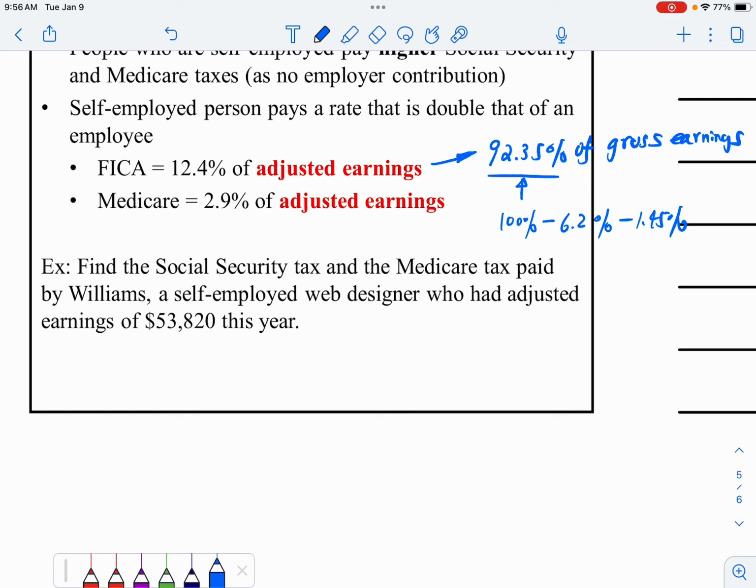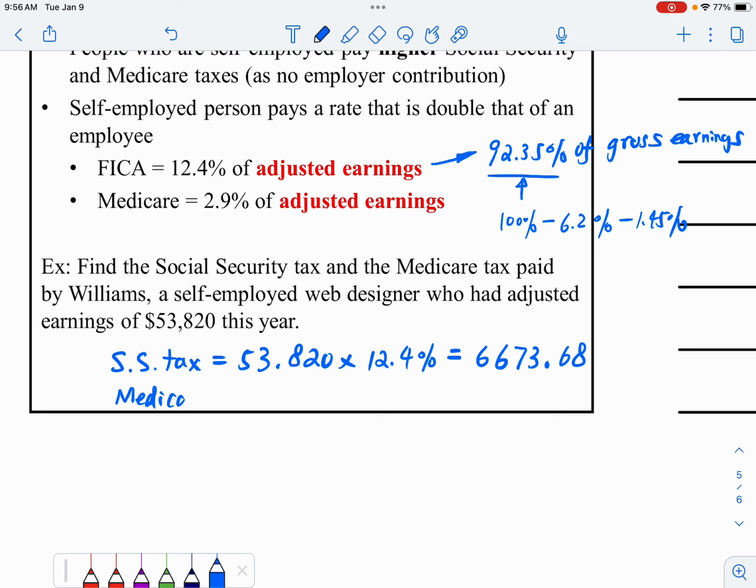So in this case, because he's self-employed, the Social Security tax will be 12.4% of his adjusted earnings, which gives us $6,673.68. And the Medicare tax will be 2.9% of the earnings.